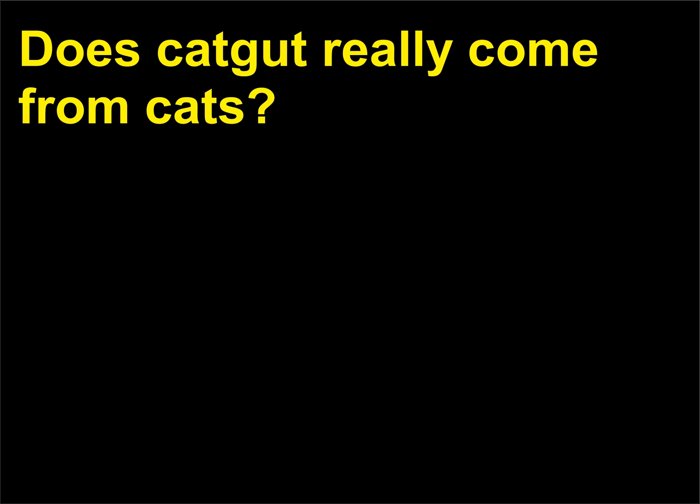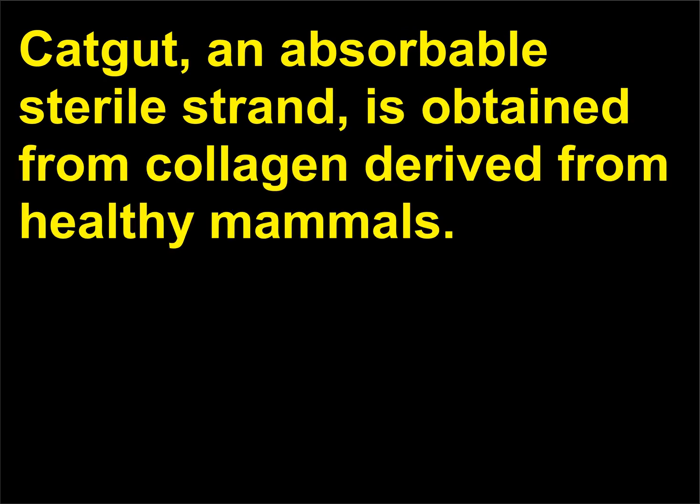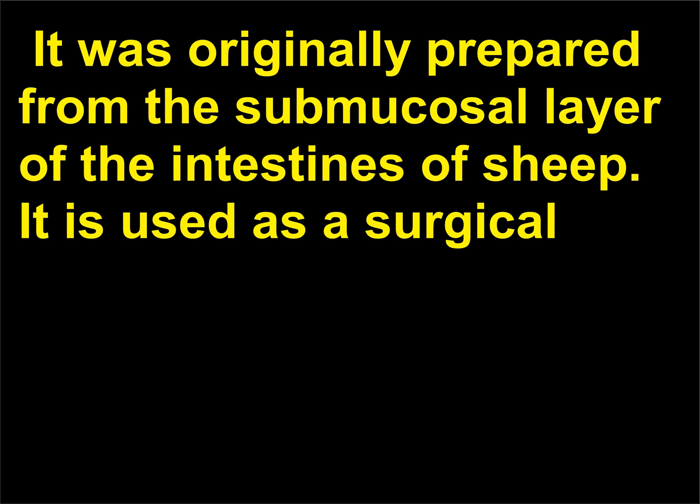Does catgut really come from cats? Catgut, an absorbable sterile strand, is obtained from collagen derived from healthy mammals. It was originally prepared from the submucosal layer of the intestines of sheep.